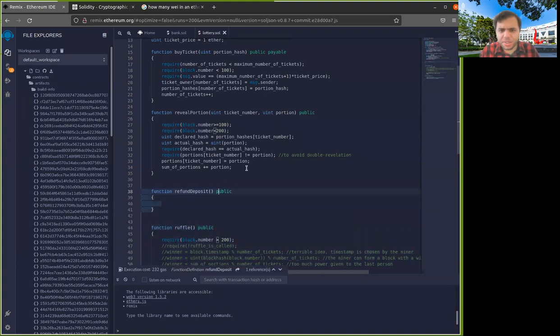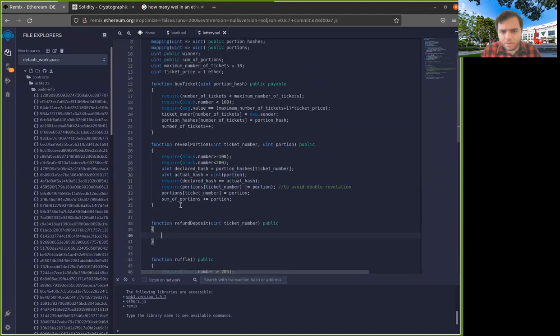For this function, the only thing that I need is the ticket number, and I check if the portion of the ticket number was actually given to me. So if portions for this particular ticket number is not 0, then I would pay out the money.